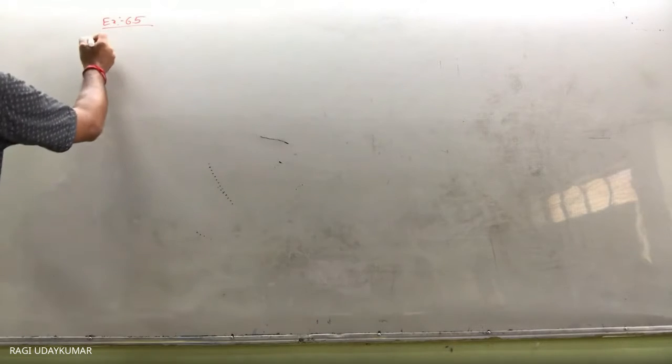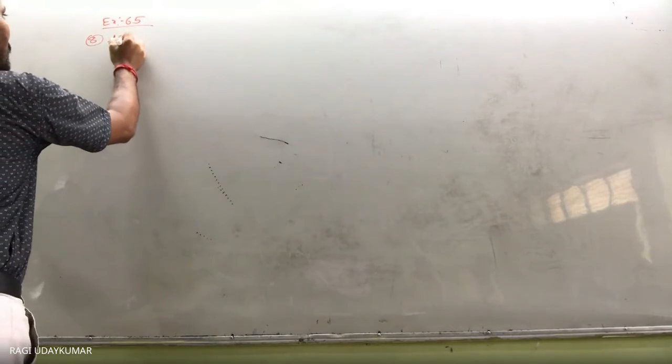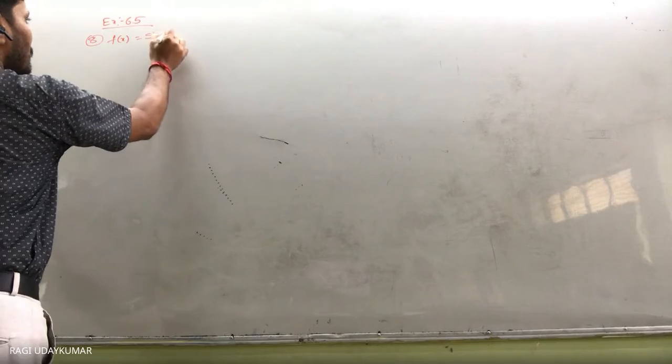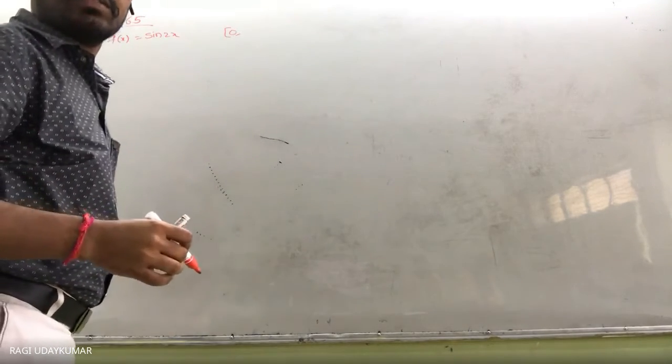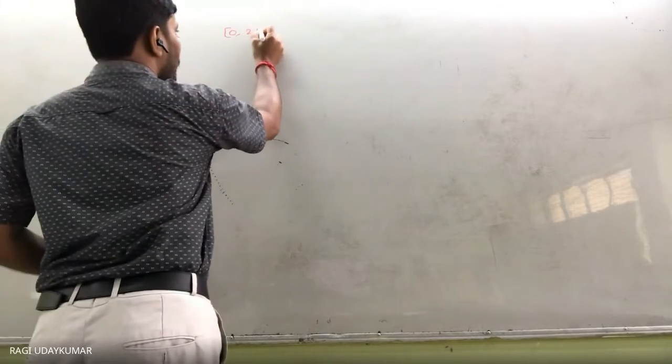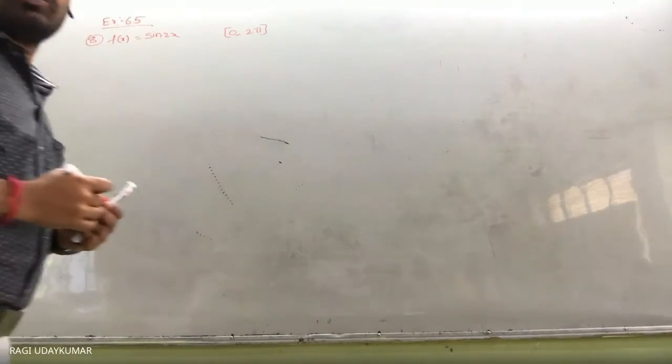The function given is f of x is equal to sin 2x in the interval 0 to 2 pi. So what to do here?